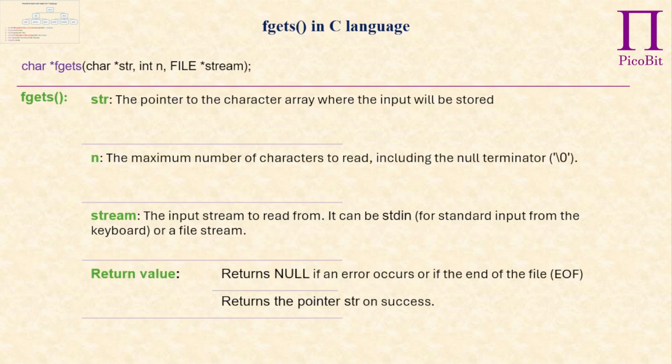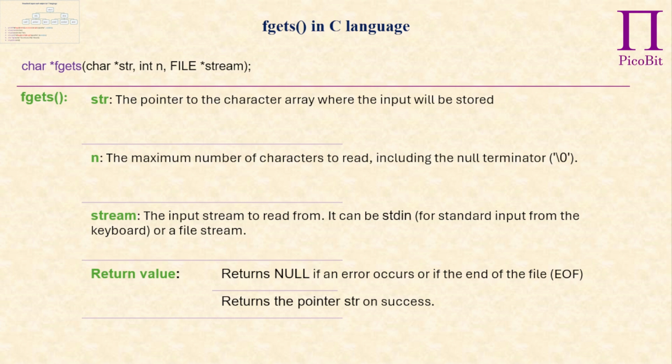Fgets is used to read a string of characters from the input safely, specifying the maximum size. Fgets reads at most n-1 characters from the specified stream, stdin, file, etc. It stops reading when it encounters a newline character, the maximum number of characters n-1 is reached, or the end of file, EOF, is reached.